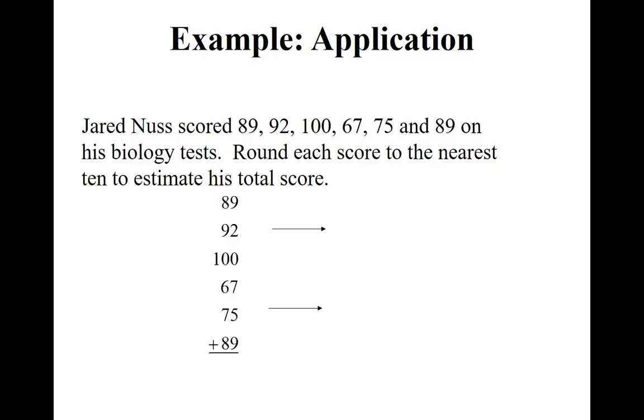So we won't get this exact sum, but we will look at the sum of 90, 90, 100, 70, 80, and 90. Rounds up, rounds down. Stays the same. Rounds up, rounds up, rounds up.